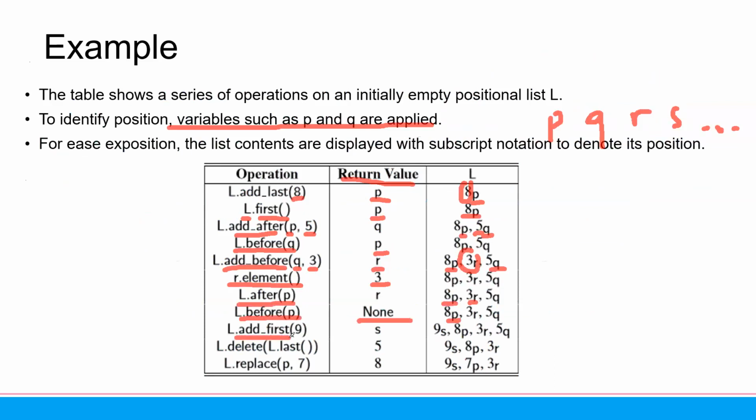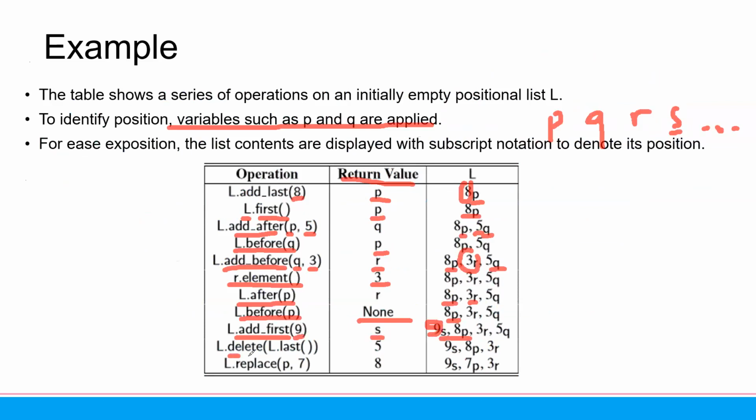I want to add first with 9. So the first element is 8, but because I want to add one more element 9, I'm going to use S to indicate the position. So now it becomes 9 S and it returns S.